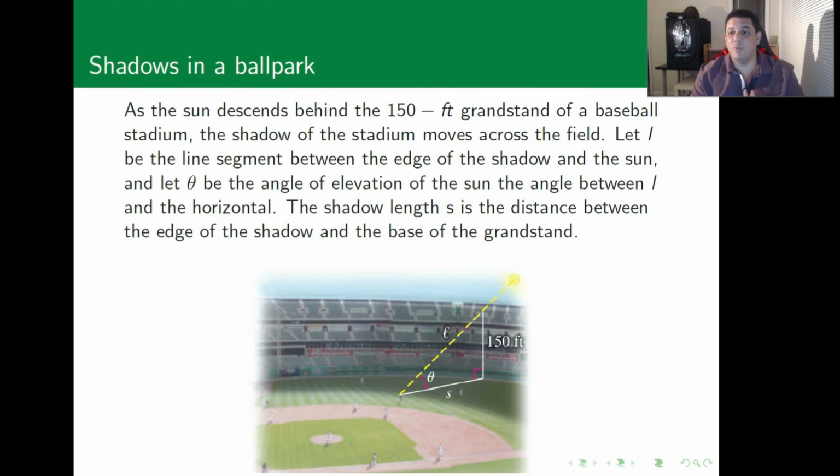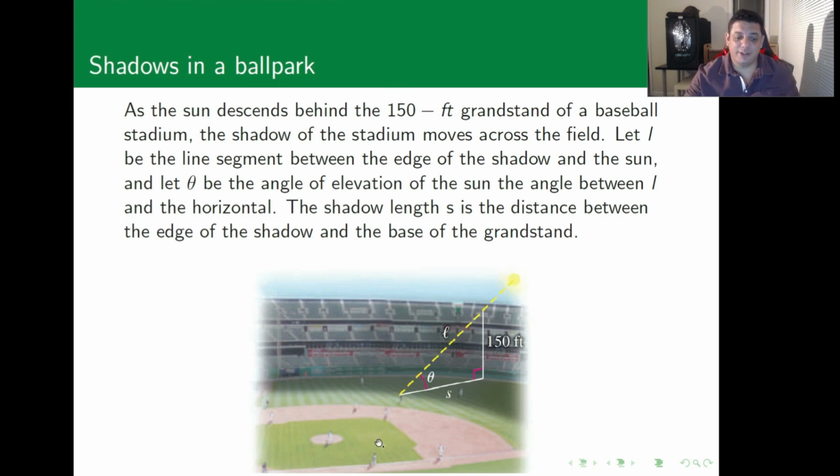But since we want the behavior of theta instead of the behavior of any of the sides, we can create a function as theta equals the tangent to the -1 of 150 over x.